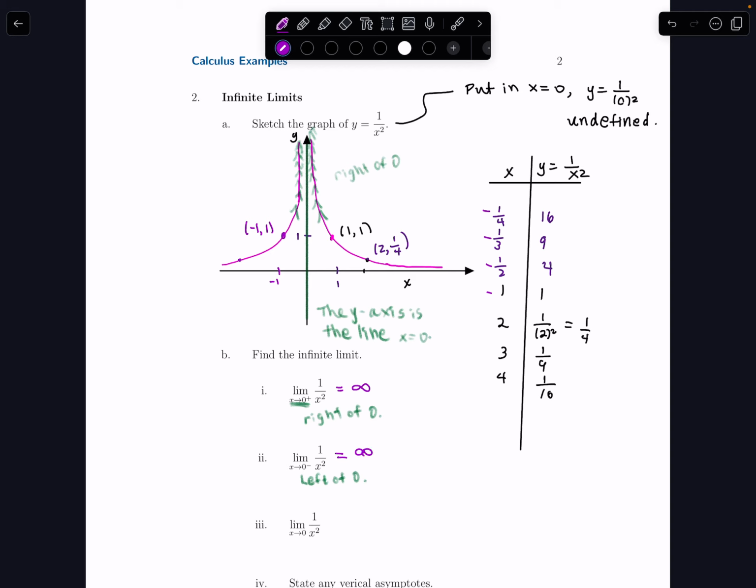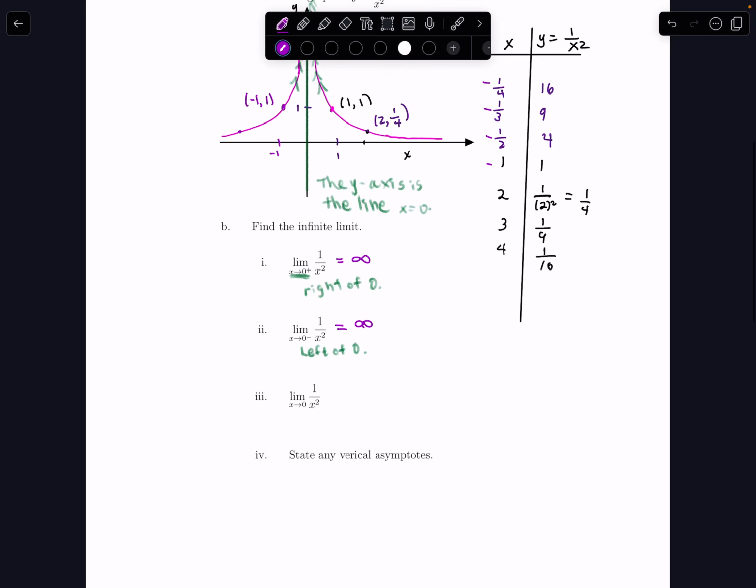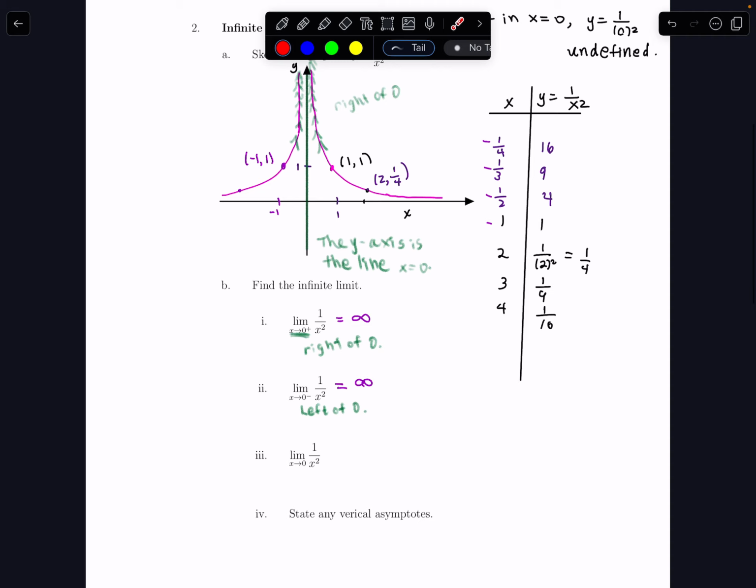So these infinite limits, where the limit is infinity, go hand in hand with the vertical asymptote. Now this final one asks: what's the limit as x approaches 0 without a plus or a minus, indicating that we're talking about both sides? Do we get the same infinite limit either way? The answer is yes, because from the left and the right, we both get infinity. So from both sides, infinity. State any vertical asymptotes.